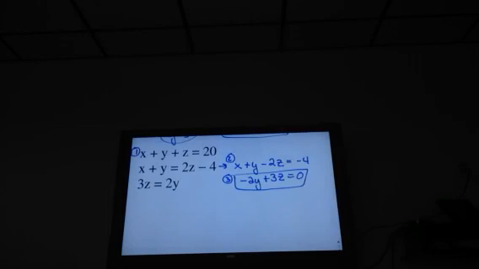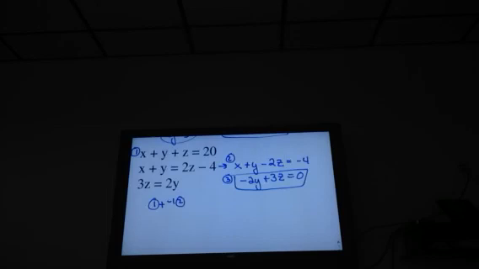So something weird's going to happen here. You're going to see it. So let's take equation 1 plus negative 1 times equation 2. So I'm going to take the second equation times a negative 1.